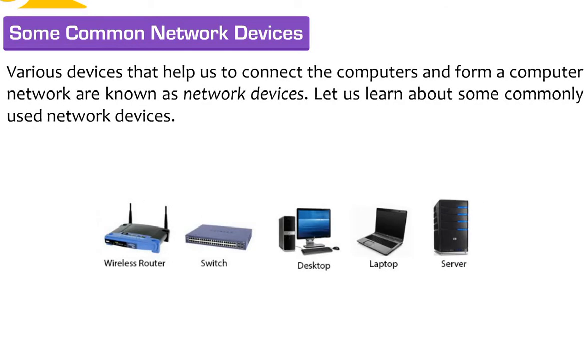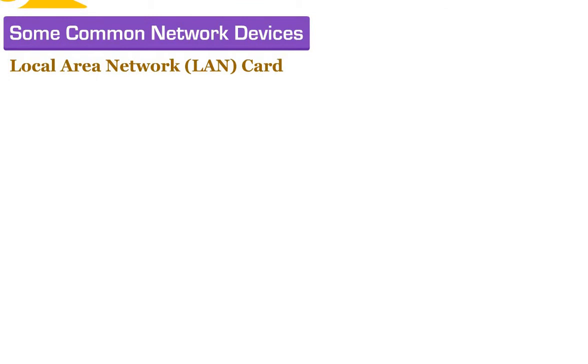Some common network devices. Various devices that help us to connect the computers and form a computer network are known as network devices. Let us learn about some commonly used network devices. Local Area Network (LAN) card.